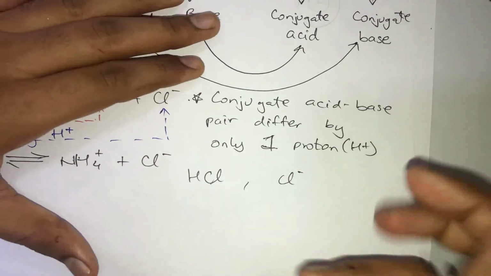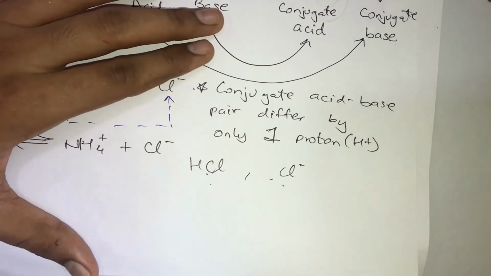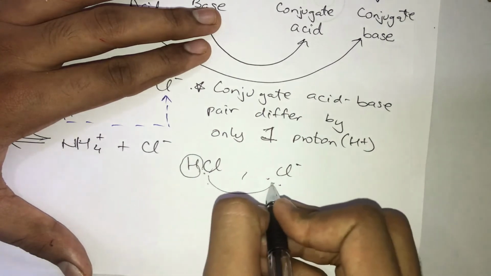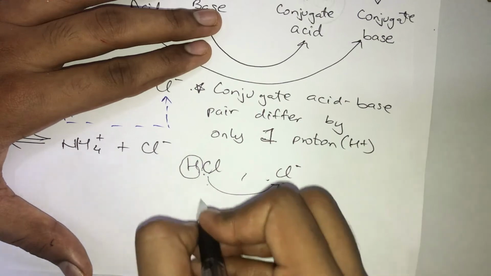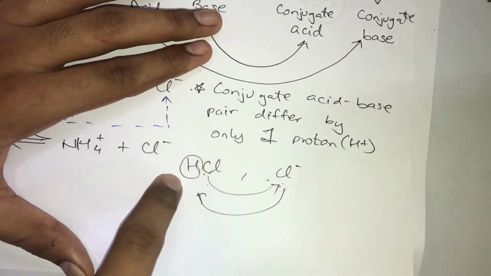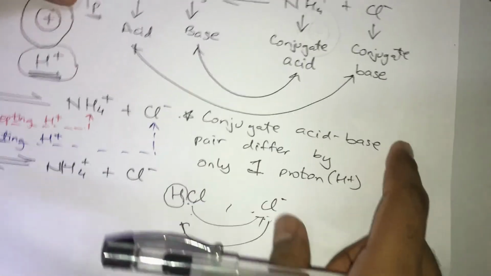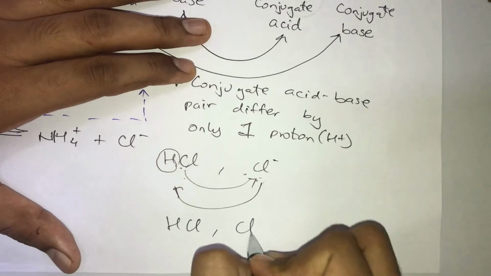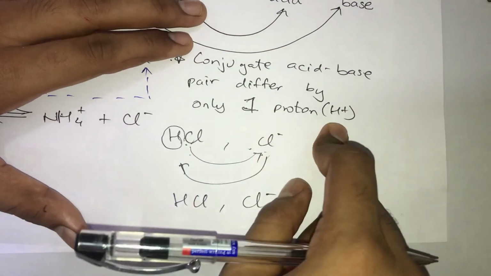Now if you see over here, both of them differ by one H plus ion. How? If you remove an H plus ion from HCl, it is going to get converted into Cl minus, and if you add an H plus ion to Cl minus, it is going to get converted into HCl. I knew I went fast, right? Let me repeat myself again. This HCl and Cl minus differ by one proton, that is one H plus.